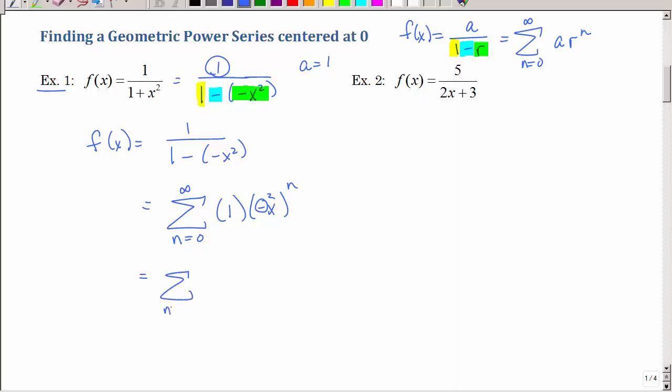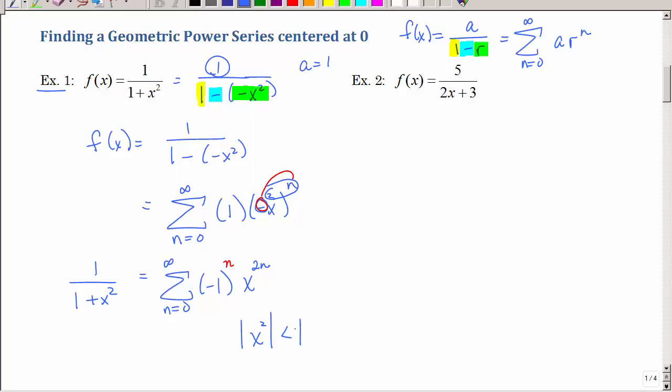So I'm going to write it like this. This -1 is still raised to the nth power. And then we have x, and then I can multiply those exponents to get 2n. That would equal this function as long as the absolute value of x squared is less than 1.